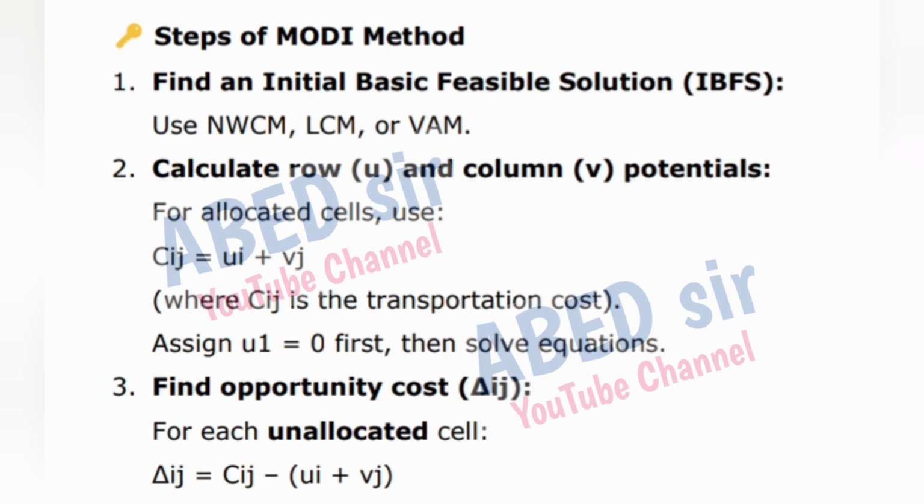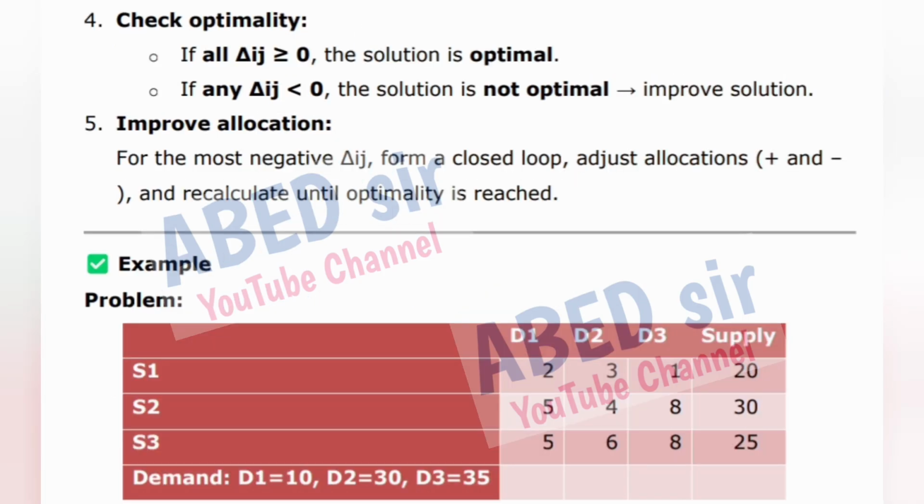For each unallocated cell, delta ij is equal to Cij minus Ui plus Vj. 4. Check optimality. If all delta ij are greater than or equal to 0, the solution is optimal. If any is less than 0, the solution is not optimal. 5. Improve allocation. For the most negative delta ij, form a closed loop. Adjust allocations, plus and minus, and recalculate until optimality is reached.